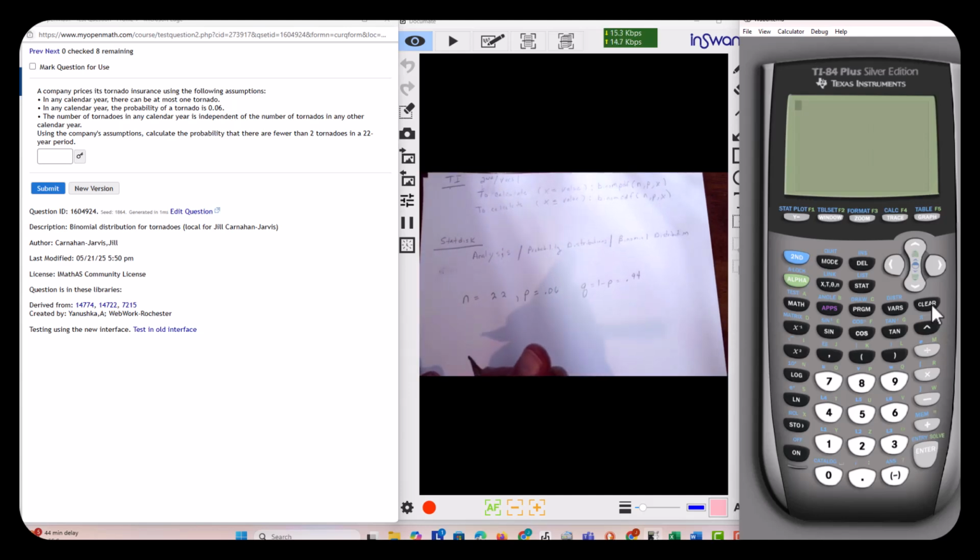We want the probability that there are fewer than 2 tornadoes.